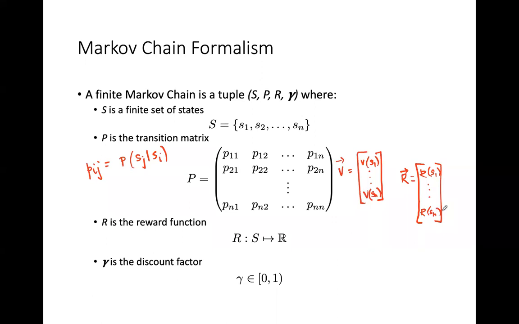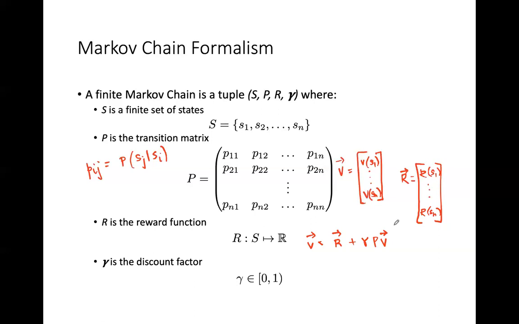Once we do that, the linear system we were solving a second ago, we can set it up in a pretty straightforward fashion using this formalism, right? The value function basically just takes the immediate reward, and then you take the discounted sum of the future rewards, right? So gamma times, you multiply the probability matrix by V again.